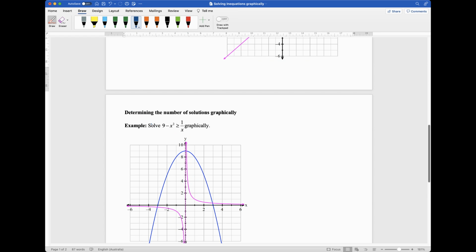Now I should actually change the words to that question there. It shouldn't be solved graphically, it should be determine the number of solutions graphically. So let me just cross that out for a minute.